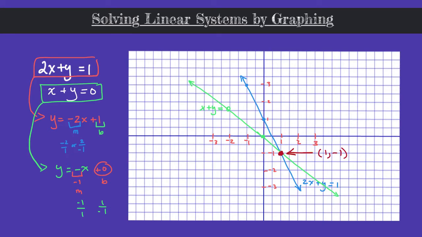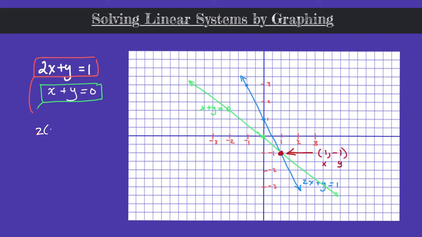And so this would be the solution, or the ordered pair, that would make both of these equations true. The way you can check that is by substituting these values for x and y into both of these equations and seeing if it rings true. So let's do that and see where we end up. Okay, so when we substitute, we end up with 2.